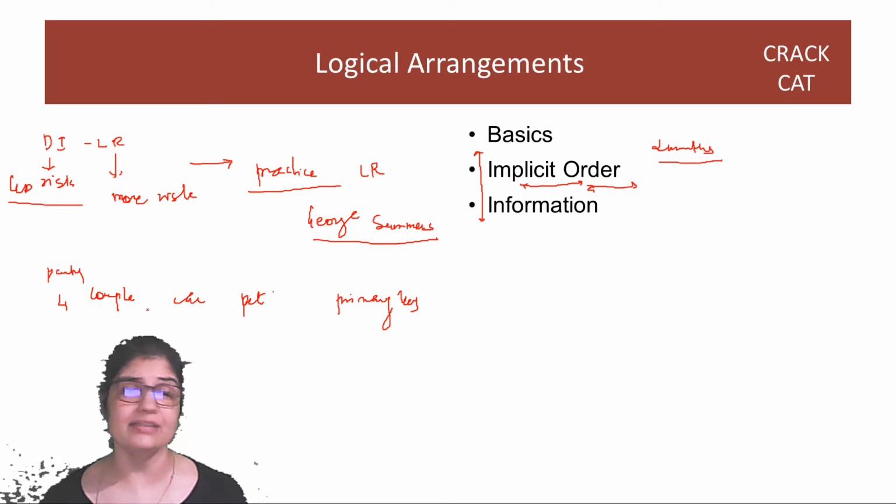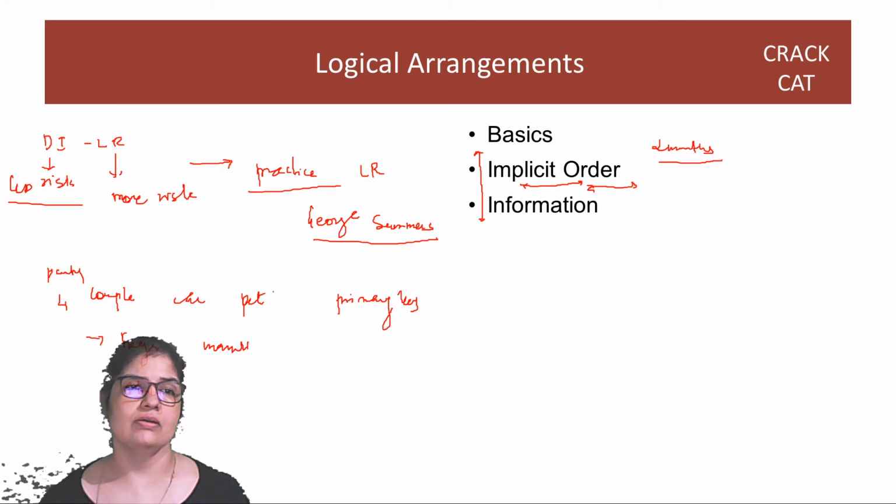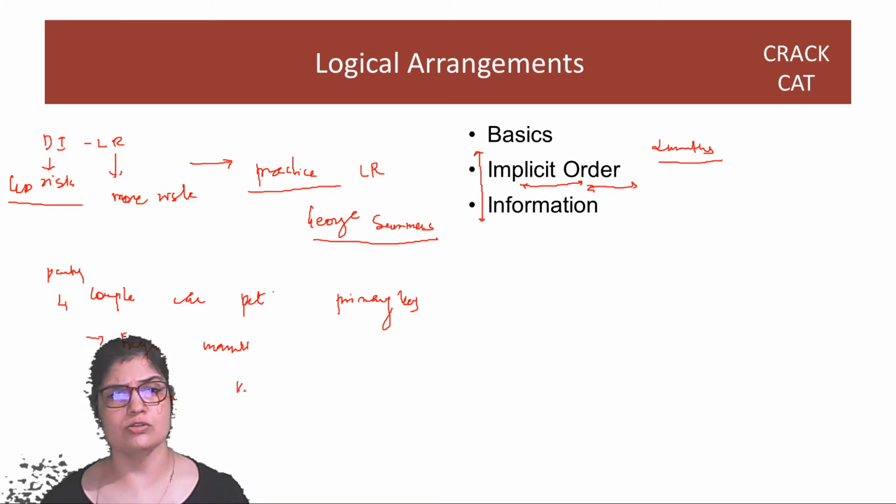In a case like this, where there's no implicit order, let's say you have the following information: a particular woman, let's say Freya, drove in a Maruti. Then Shreya is married to Kaustubh. And Anjali is driving, has a monkey as a pet.